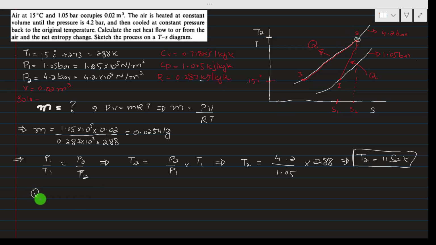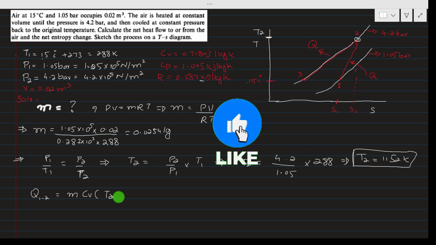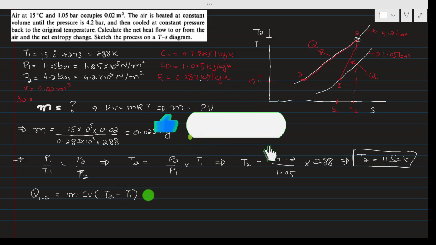So the heat that is added from process 1 to 2 is equal to mass of the gas, constant volume so we write Cv, and change in temperature, that is T2 minus T1.